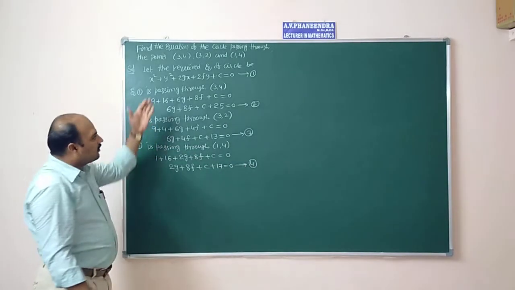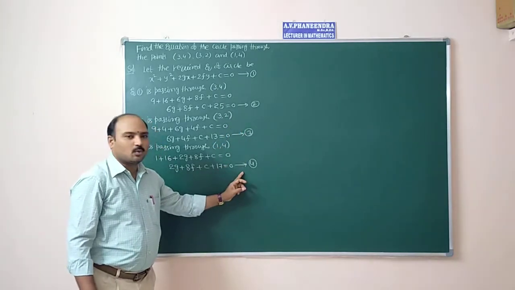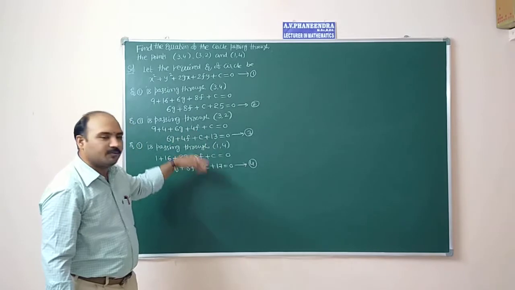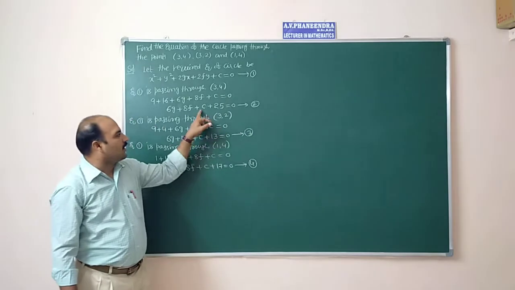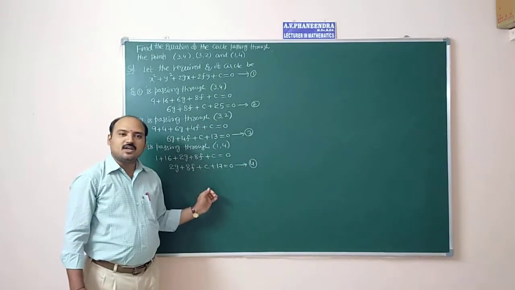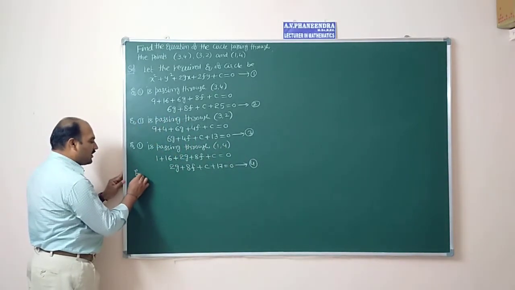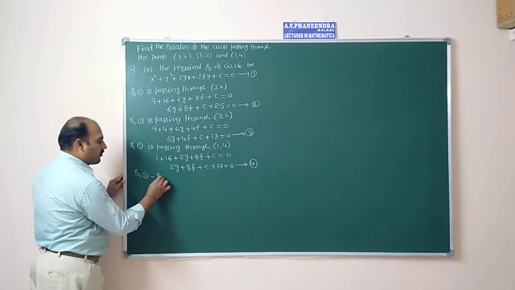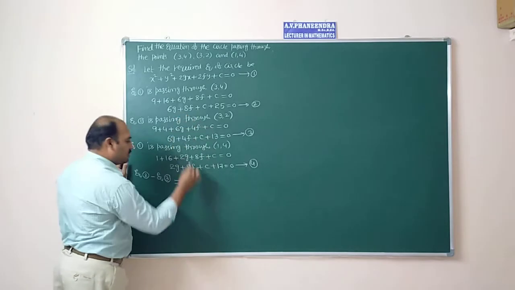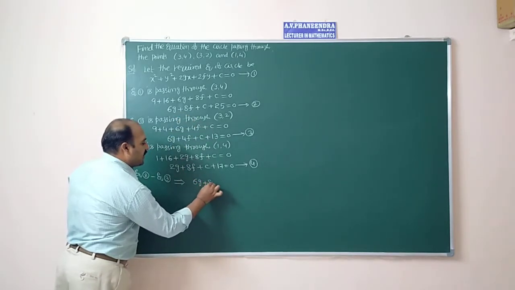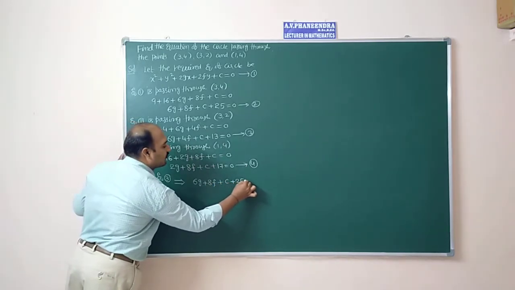After these steps, our aim is, from the second, third, fourth equations, to eliminate c. So from 2 and 3 we eliminate c, and from 3 and 4 we eliminate c, by subtracting the respective equations. Equation 2 minus equation 3. Equation 2 is 6g plus 8f plus c plus 25 equal to 0.